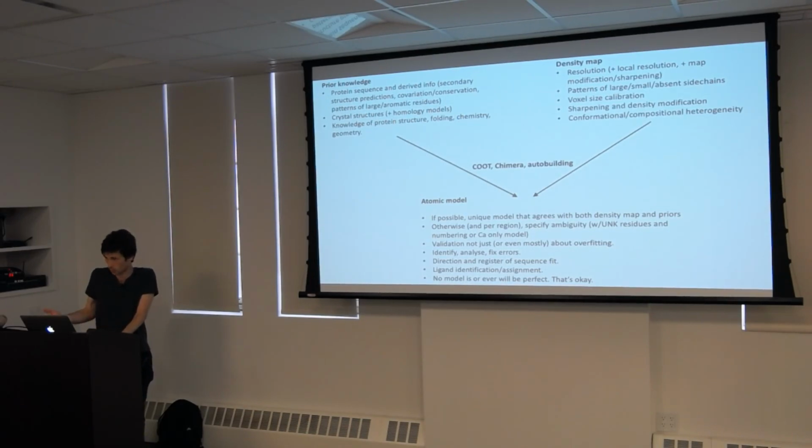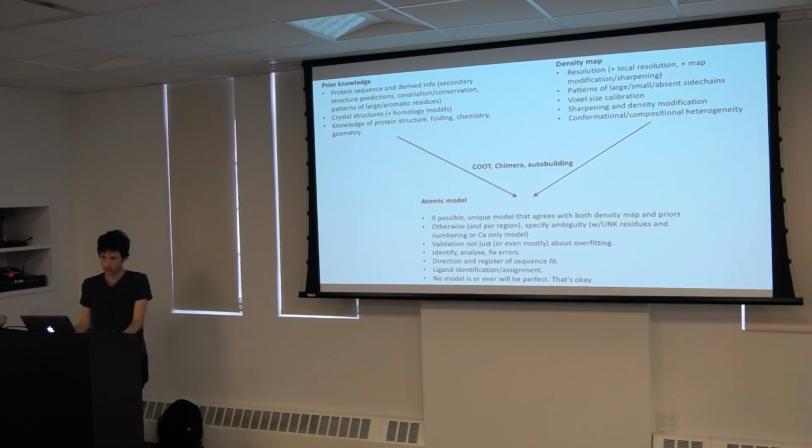Vastly more important is local geometric and model fit to the density map validation. So using MolProbity, EMRinger, and just inspection of your map with your model to ensure that you're not over-interpreting things or drawing conclusions that aren't justified by the density map.